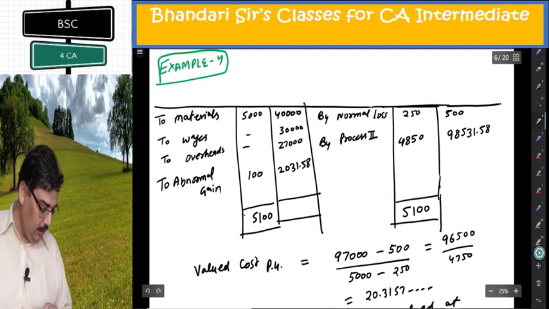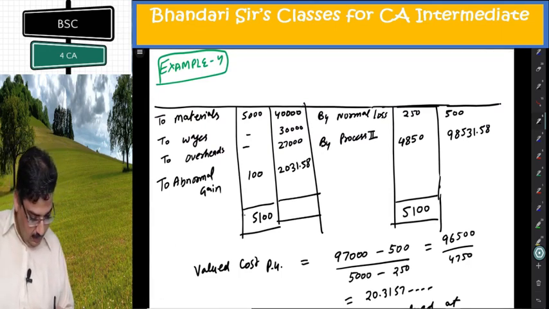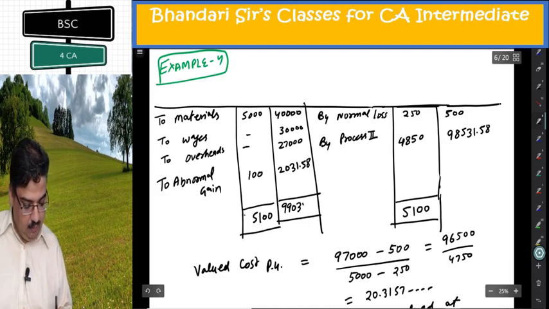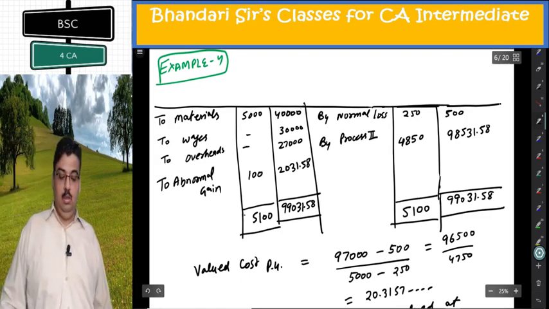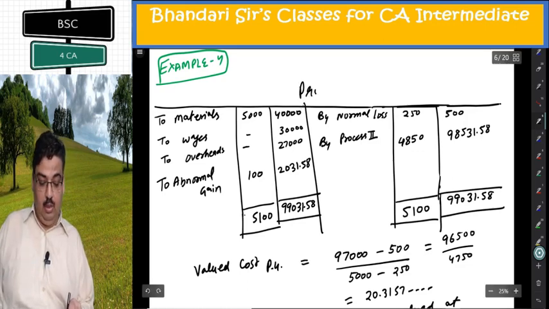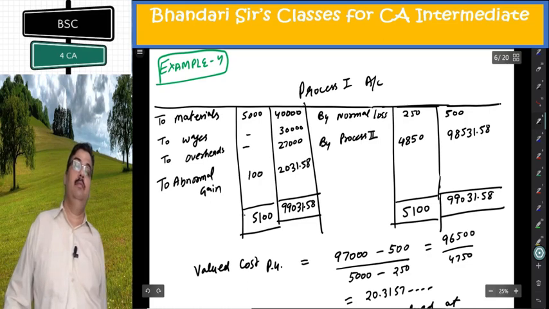When you add them, you will get 99,031.58. On both sides, it must tally on its own. 99,031.58. This is process account in presence of abnormal gain.